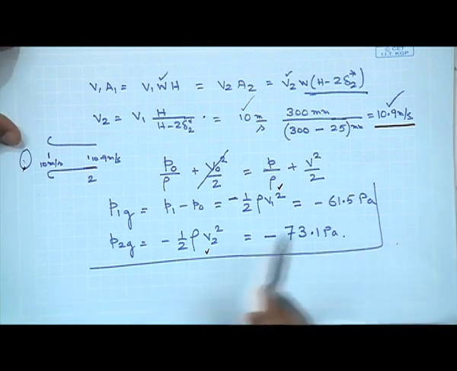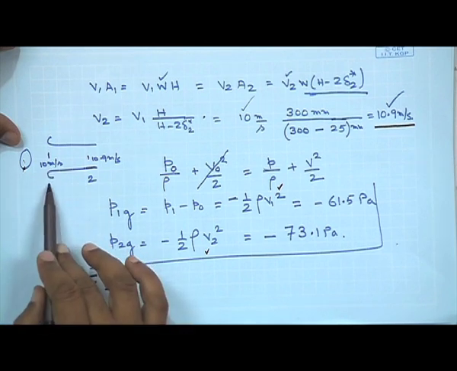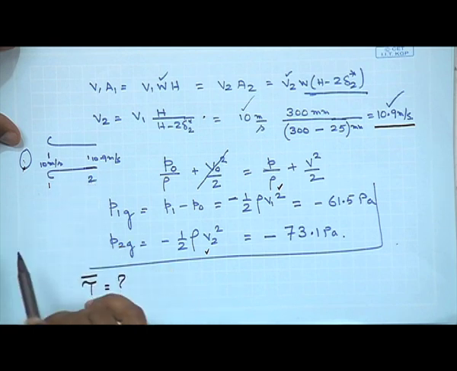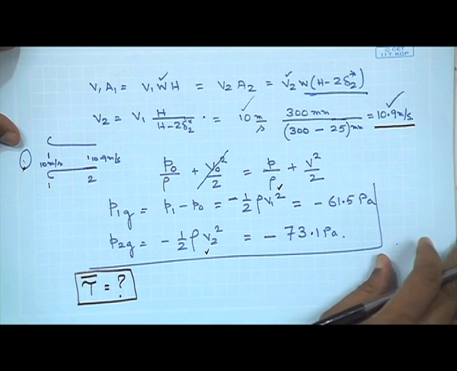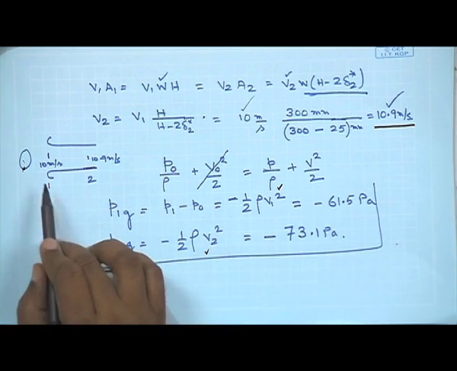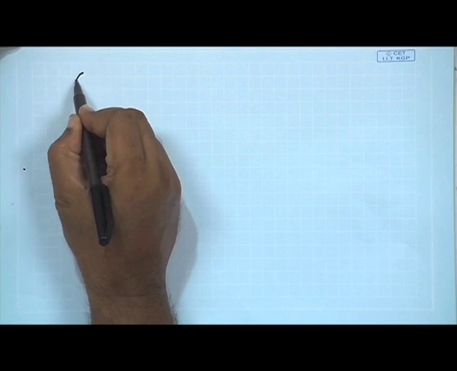Now, the only third point that is remaining is to find out the average value of shear stress between location 1 and location 2. In order to obtain the average wall shear stress between the entrance and location 2, I would draw the figure once again.